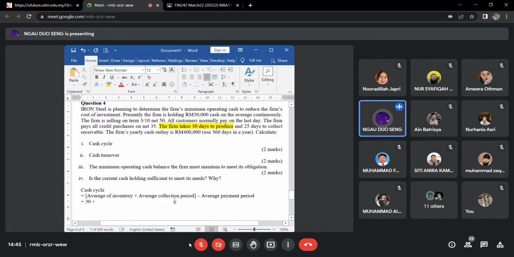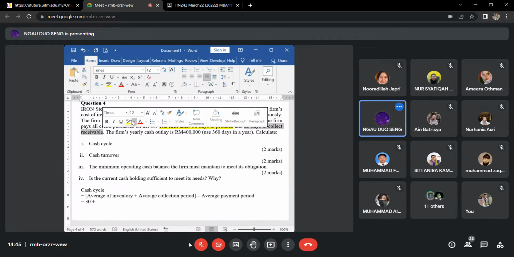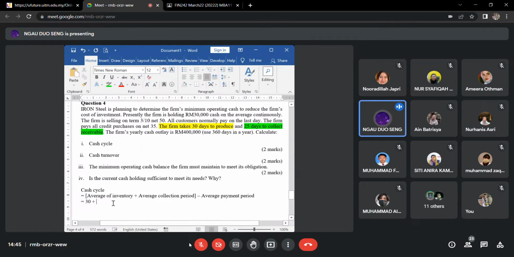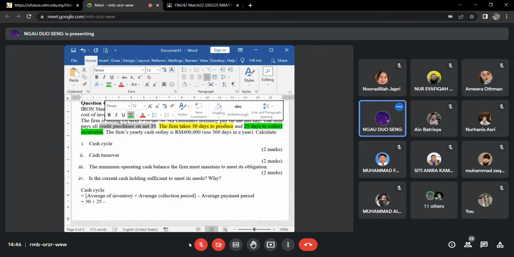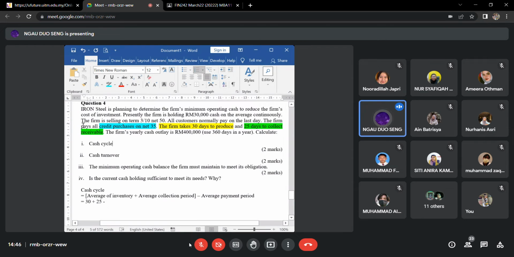Plus average collection period, they say 25 days to collect receivable. So this one adalah 25 average collection period. And then we check the average payment period. The firm pay all credit purchase at net 35, right? Payment, credit purchase. So they make payment, they bayar, so net 35, so this one is 35. Okay, so this example, you no need to calculate, this one they straight away give you.